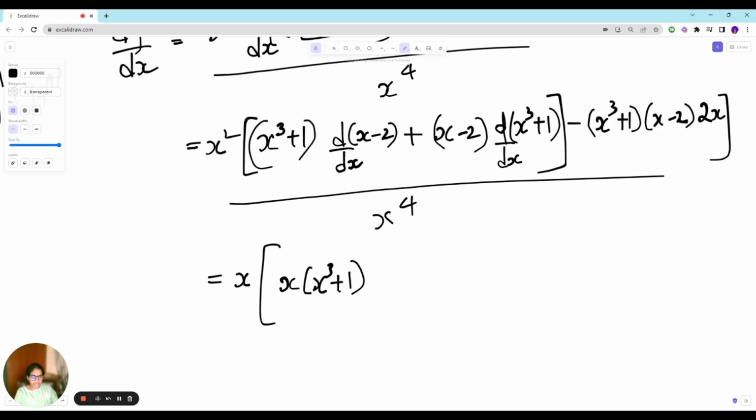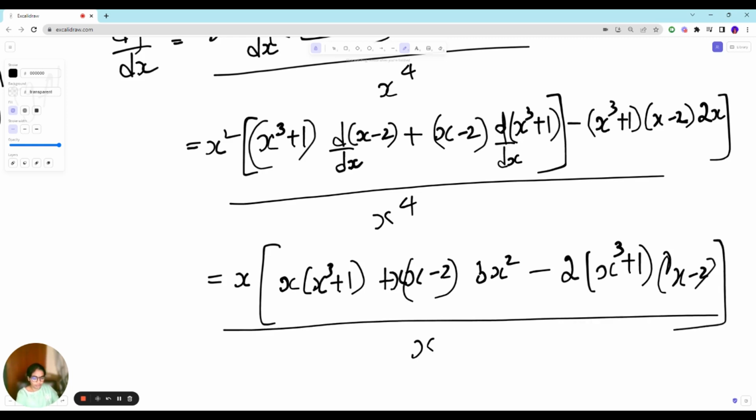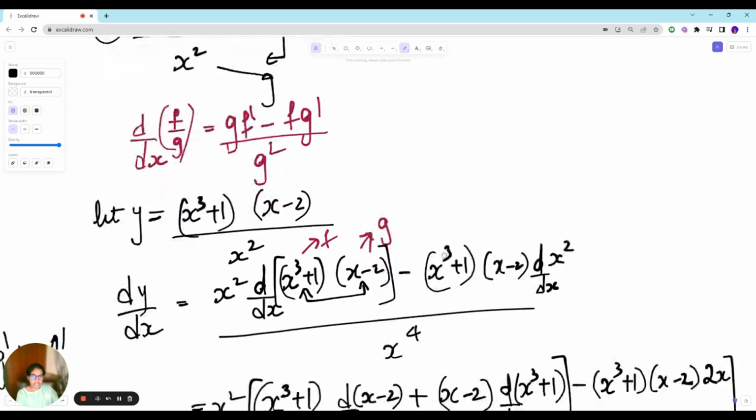Derivative of x minus 2 is 1, plus x minus 2 into x into 3x square, since the derivative of x cube plus 1 is 3x square, minus 2 into x cube plus 1 into x minus 2. Yes, whole thing divided by x to the power 4. X and 1x get cancelled, that is minus 1. Okay, so yes, that was the derivative of the given question.